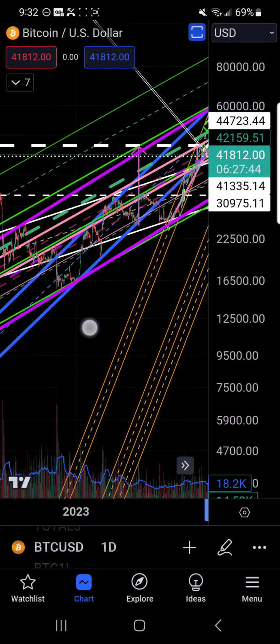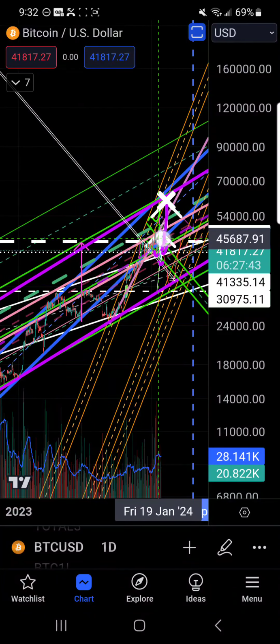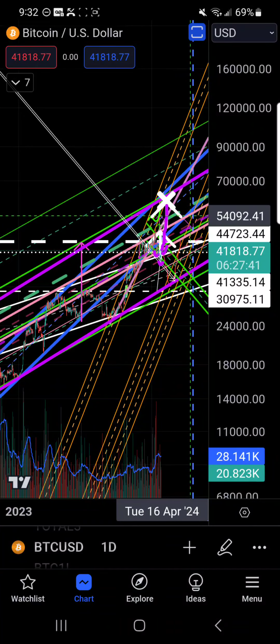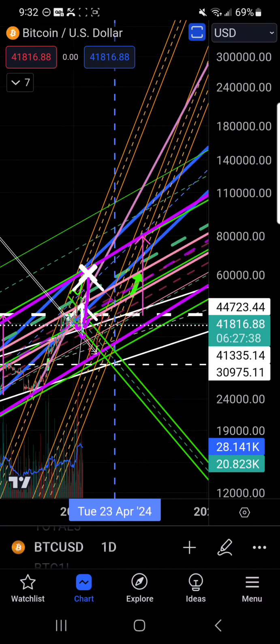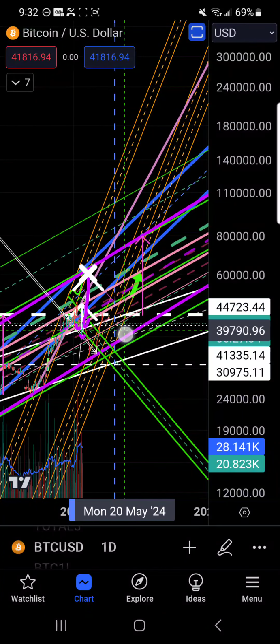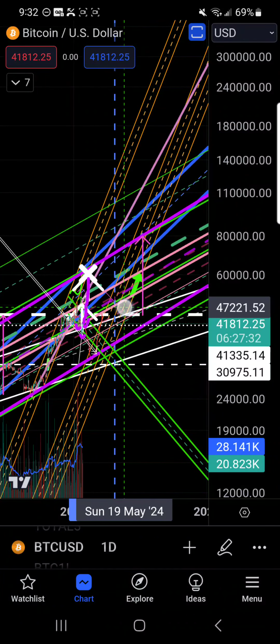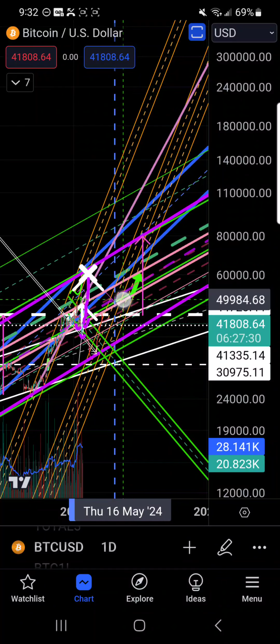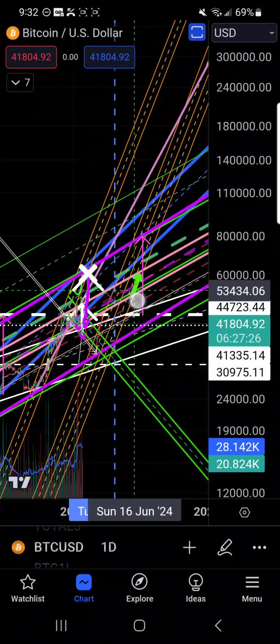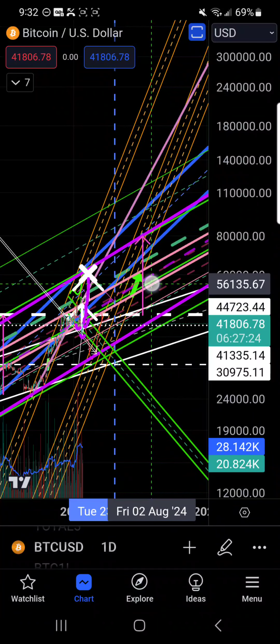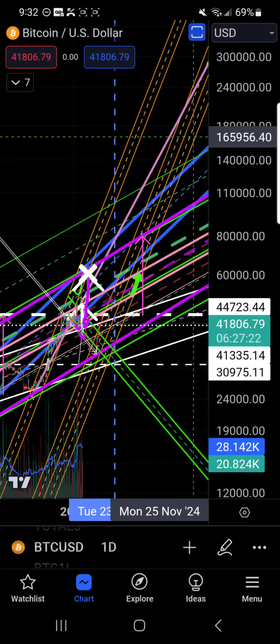Traveling right inside this blue parallel channel and then getting a rejection from there, where once again we would fall outside that blue parallel channel, heading into the halving, back down to around $50,000 before moving up and then sideways a little bit before starting our parabolic run, which will continue through winter.